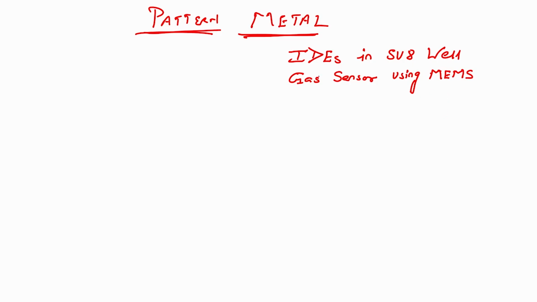Now, let us see quickly how to design a metal. That is the same thing as interdigitated electrodes. We will just see it so that you can get a refresher, and so that when I show you the process flow for MOSFET, you understand the process flow.